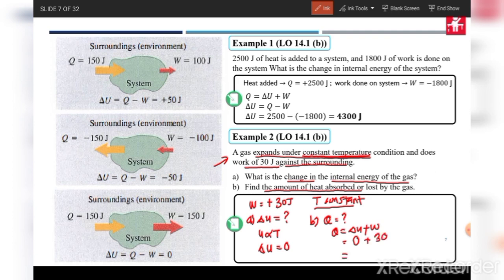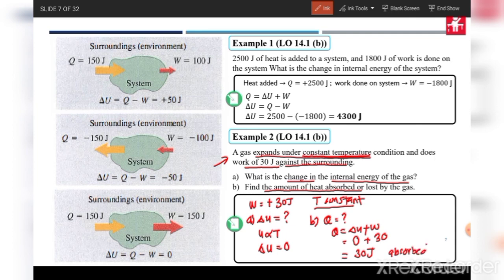So Q is equal to 30 joule. Since Q is positive, that means the heat is absorbed by the gas.